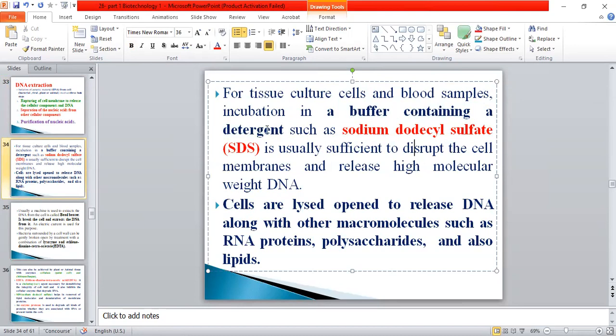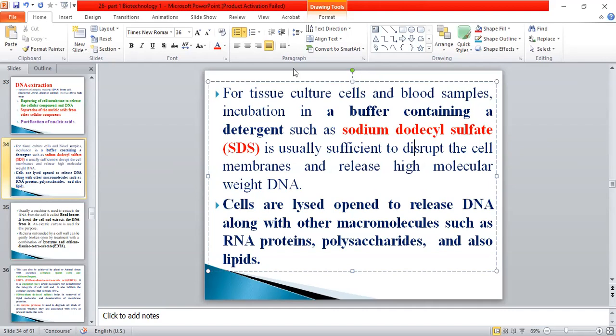Don't forget, my dear, a buffer is a solution whose pH does not change when you add acid or base. We already know about it from electrophoresis, and we also use it in tissue culture and blood culture.